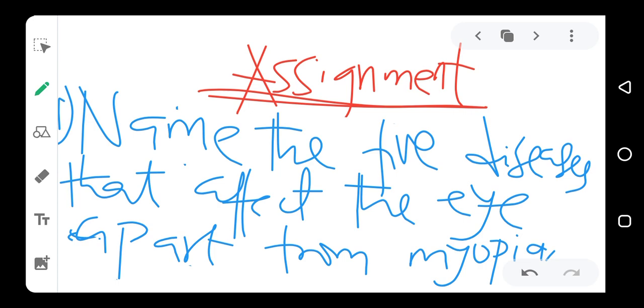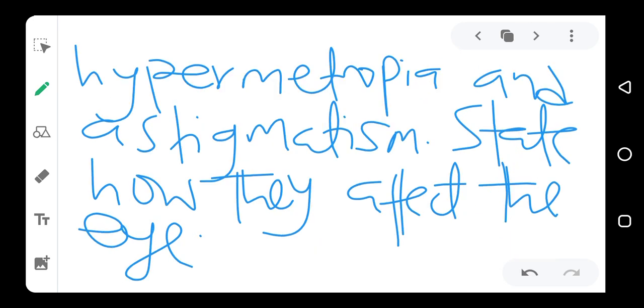So in this assignment, you are going to name the 5 diseases that affect the eye, apart from the three major eye defects we talked about, that is the myopia, the hypermetropia, and astigmatism.